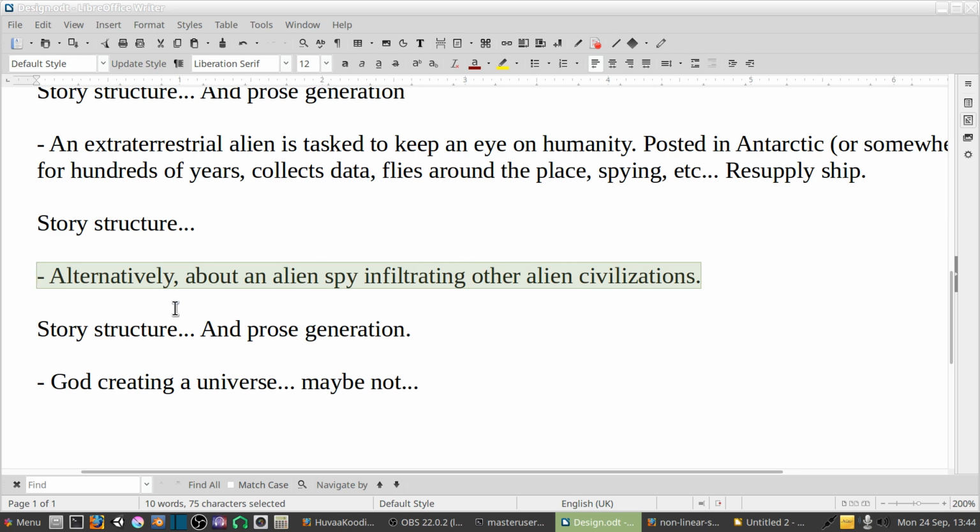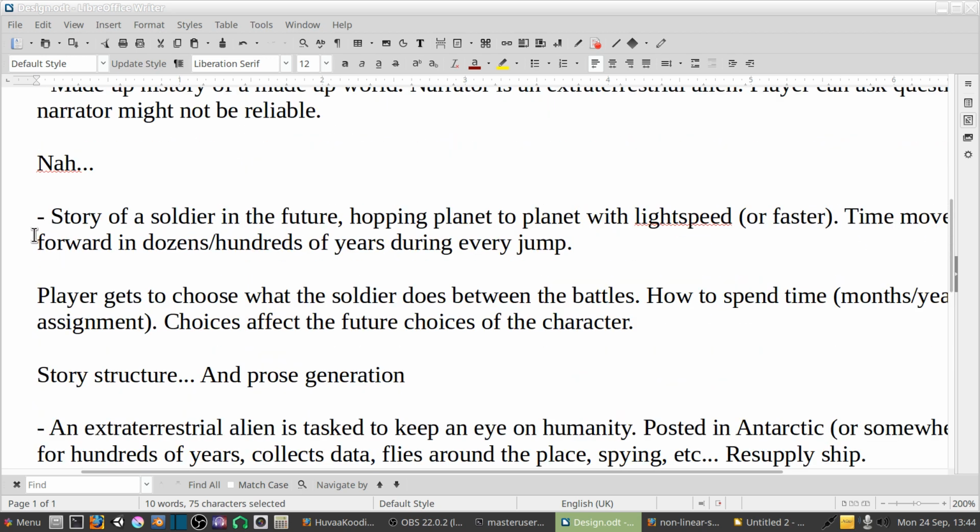Yes, because I could mix it with this. Yeah. So instead of having a soldier fighting a war, it would be a spy. Because that's the one issue with this. The original idea for this came from a battle system.